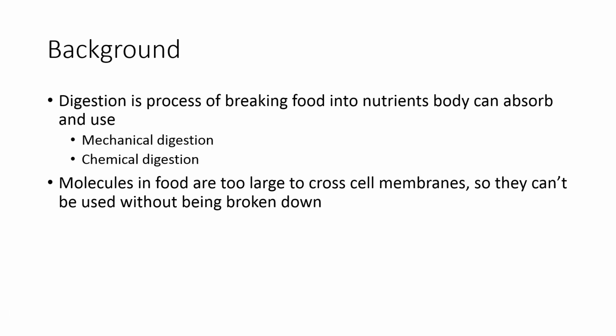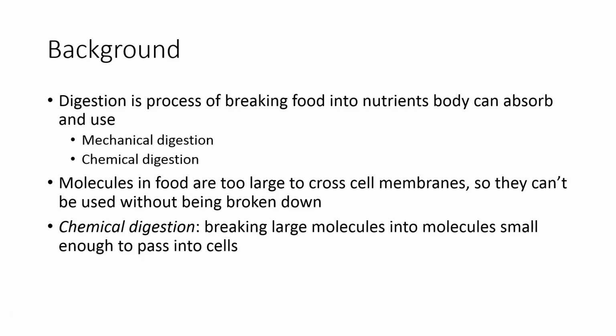It's big enough to allow a small vehicle to pass through, like a car or a four-wheel drive or a ute. But it's not big enough to allow a really big vehicle to pass through. And so the same with your cell membranes. They do have small holes in them where fairly small molecules can pass through. But the really big molecules that mostly make up our food get stuck trying to pass through those gates in the cell membrane. So that means that chemical digestion is breaking large molecules into molecules that are small enough to pass into our cells.